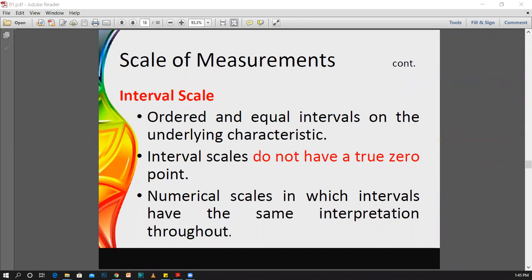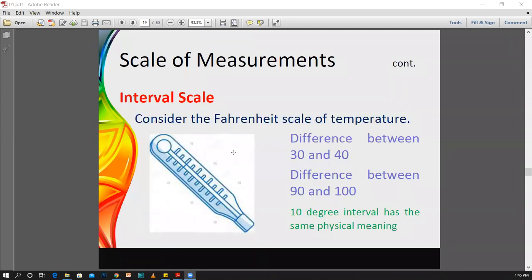This is one example. Consider the Fahrenheit scale of temperature. It is another example for the interval scale, Celsius or Fahrenheit. Then you can have the difference between 30 and 40, and again the difference between 90 and 100.